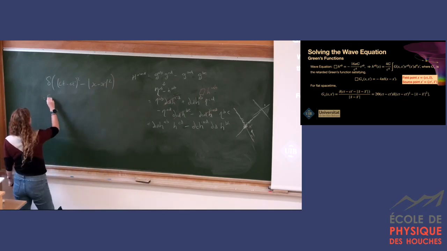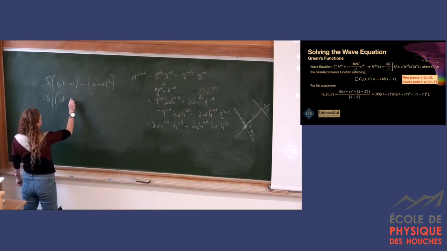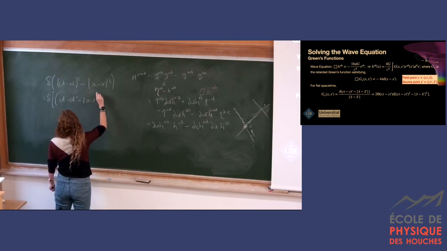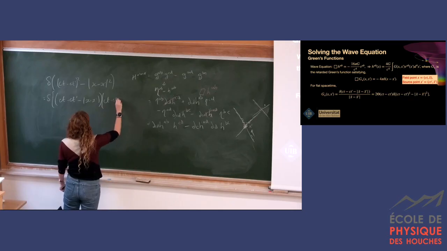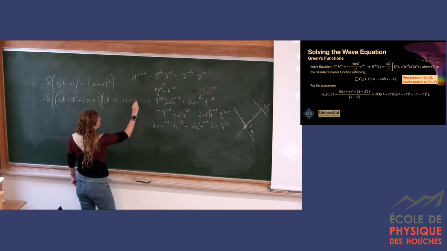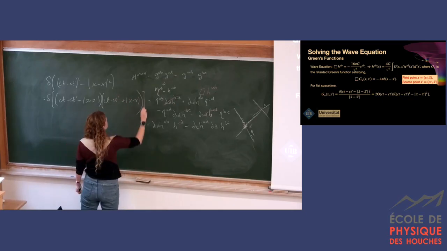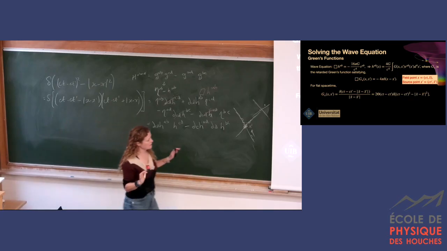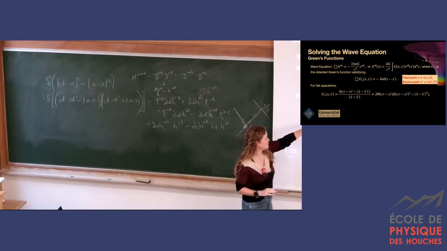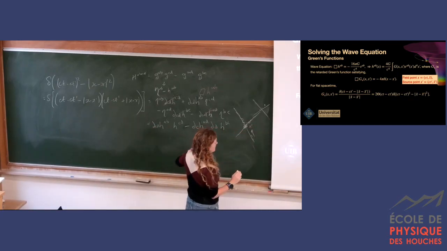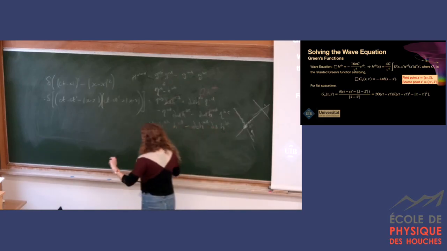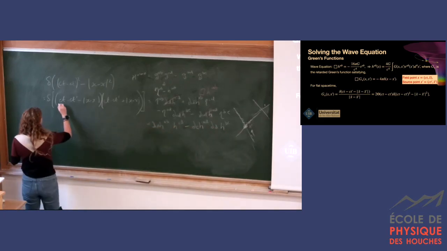I can write that as delta of (ct minus ct prime minus |x minus x prime|) times (ct minus ct prime plus |x minus x prime|). And this is all in my delta function. Say I'm going to take the retarded solution, so I'm going to say that this is greater than 0.